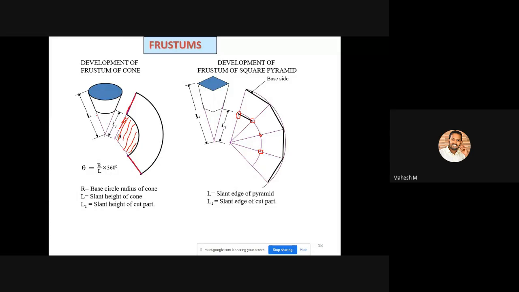If it is a cone, the arc is enough. And if it is a cylinder, a simple arc is enough. Here you have to join everything with lines. So this one is our bottom part.